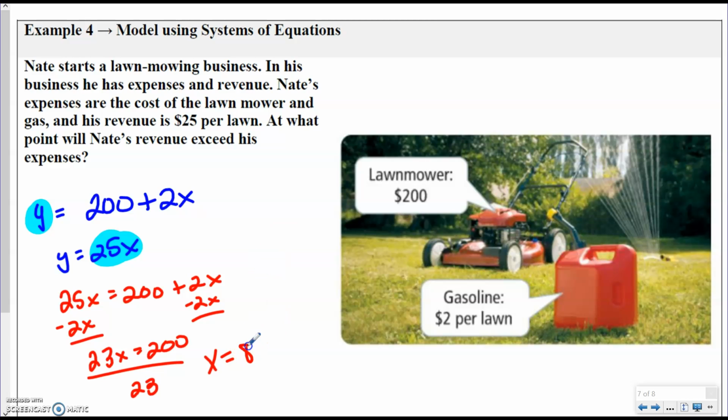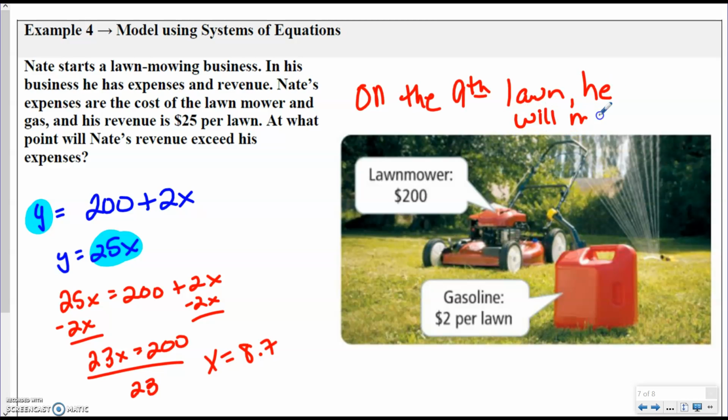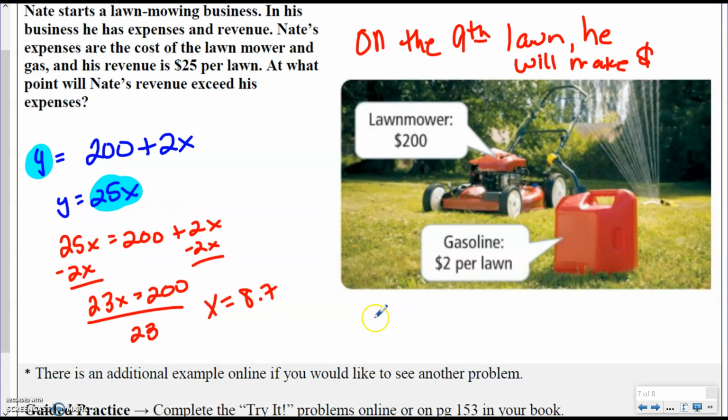We round up. So what we found here is this is 8.7 lawns mowed. So on the 9th lawn mowed, he will make money. The reason I don't go to 8 is because I have to round up to the nearest full lawn.